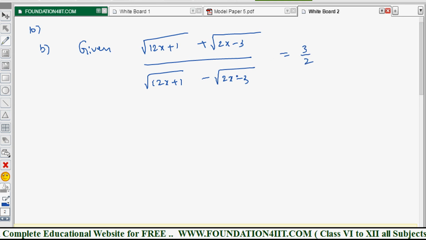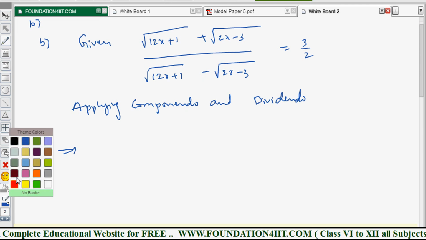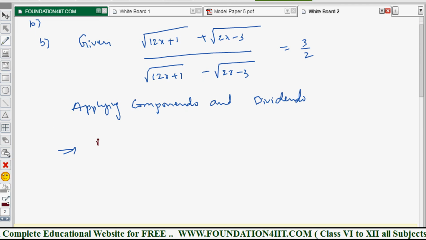Whenever there are questions like these, we should directly apply componendo and dividendo. You add the numerators and denominators and subtract numerators and denominators both. Applying componendo and dividendo, it will change like this.